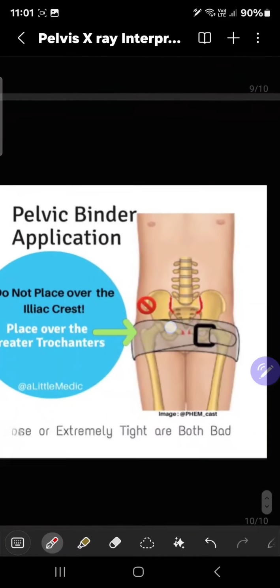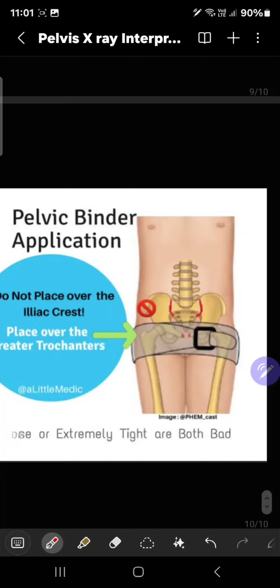And now we move on to the pelvic binder application part. There are steps to apply a pelvic binder. Pelvic binder should be applied only in open book fractures. We can't apply it for lateral compression fractures, because if you do, you are causing more damage to the patient.